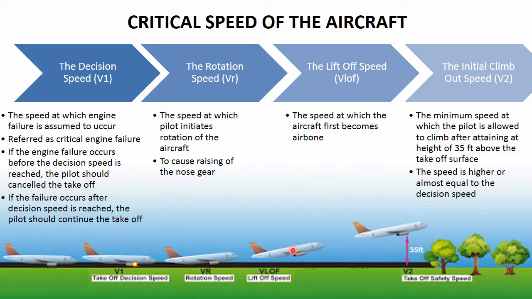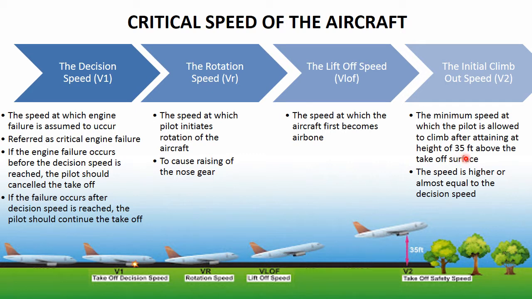And the last is the initial climb out speed, or V2, the minimum speed at which the pilot is allowed to climb after attaining a height of 35 feet above the takeoff surface.